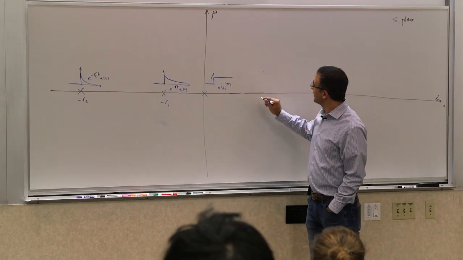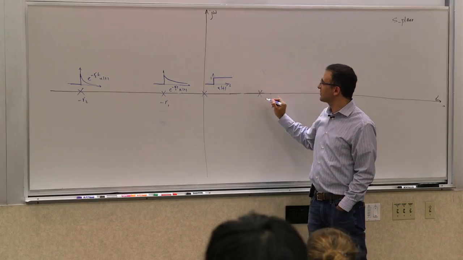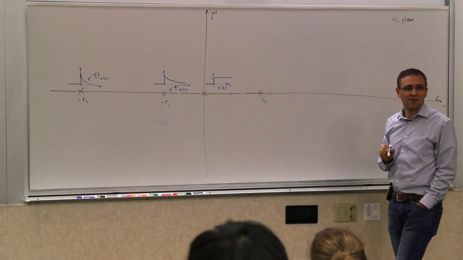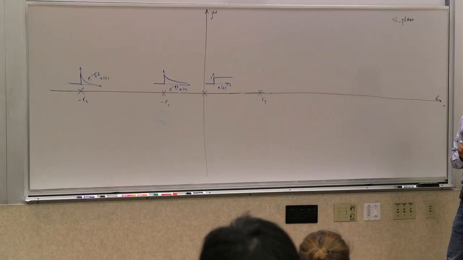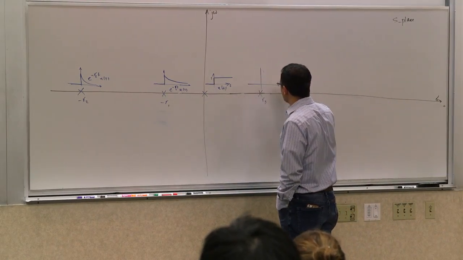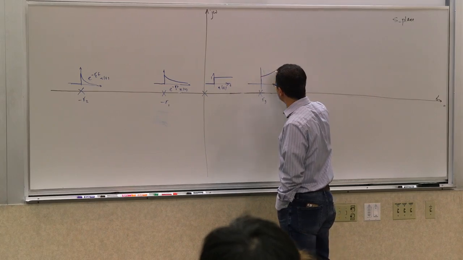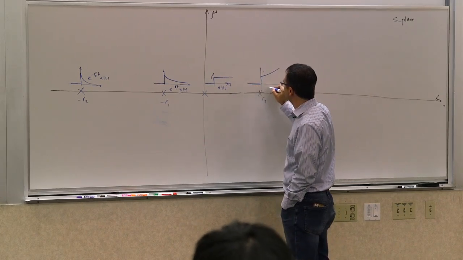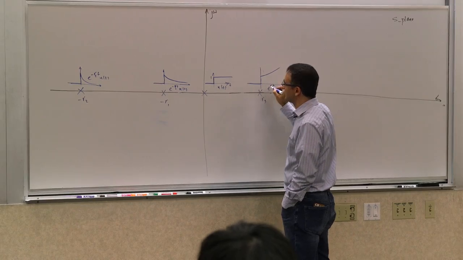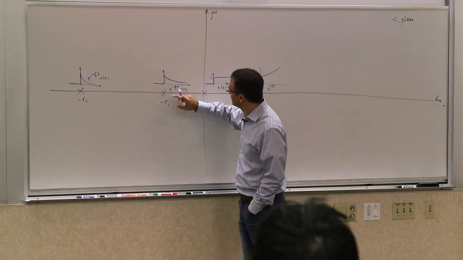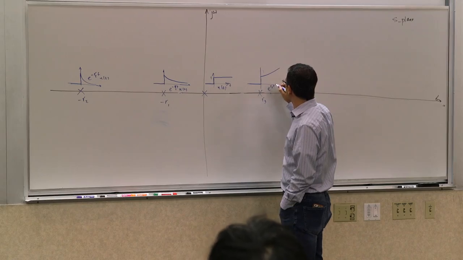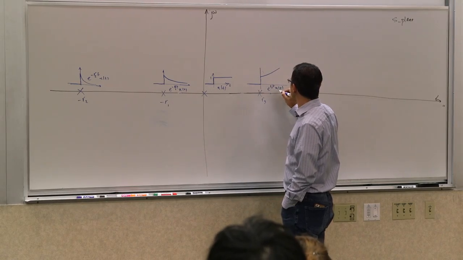Now, how about if I'm going in this direction? What if I have something here, R3? Right. So now this is going to be a growing exponential. So this is going to be e to the R3t u of t.